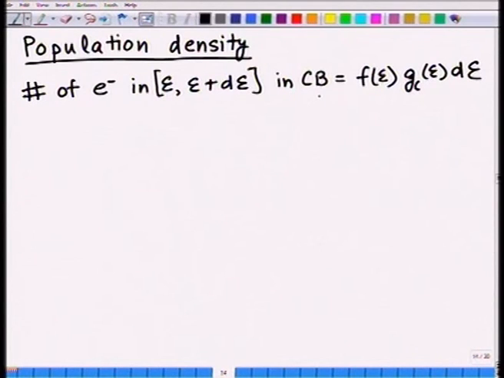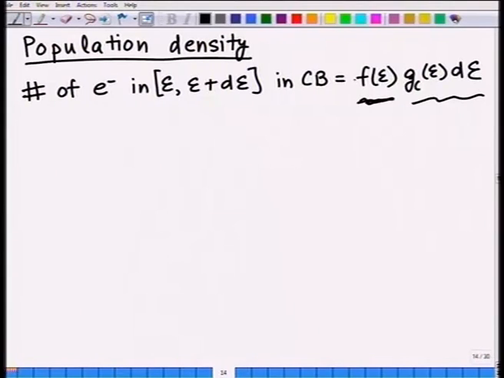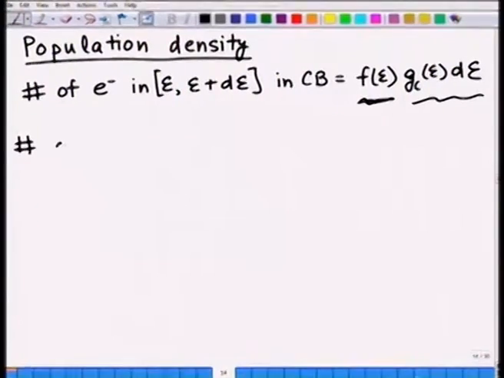All right, because this is the number of states multiplied by the probability of finding an electron in the state. So with that multiplication, I should have the number of electrons actually there.